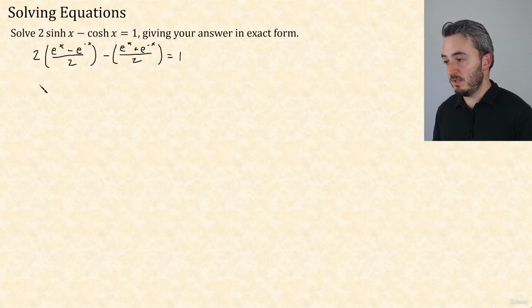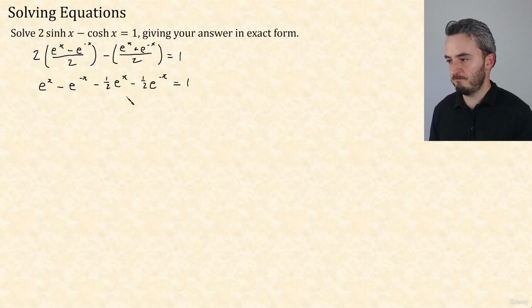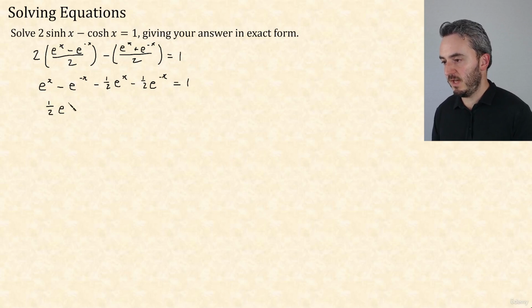So expanding, the 2's cancel, so we get e to the x minus e to the minus x, and then minus a half e to the x and minus a half e to the minus x equals 1, and we do just have a disguised quadratic. Gathering up my e to the x's, I've got half e to the x.